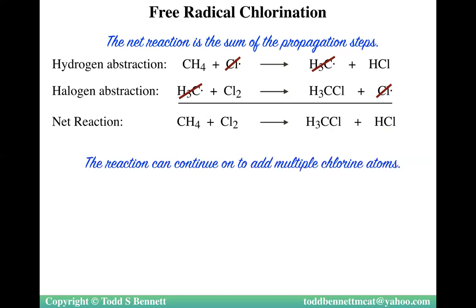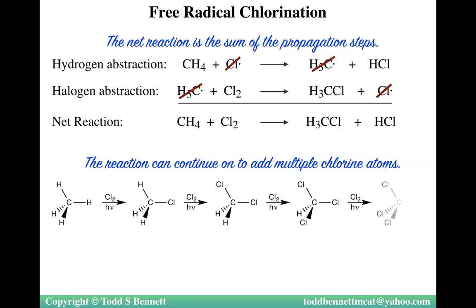Okay. If we just do a 1-to-1 ratio of one Cl2 to one CH4, then we will get mostly this. Occasionally, a second one will go on, so it's not a perfect 100% pure compound you get here. But if I want to purposely get two, then I can add a 2-to-1 ratio, two chlorines to one CH4, and then I would end up getting a CH2Cl2. So for instance, the first methyl with Cl2 and H nu can go to 1, but if I had a second equivalent, then I can put on 2, third equivalent, put on 3, fourth equivalent, put on 4.